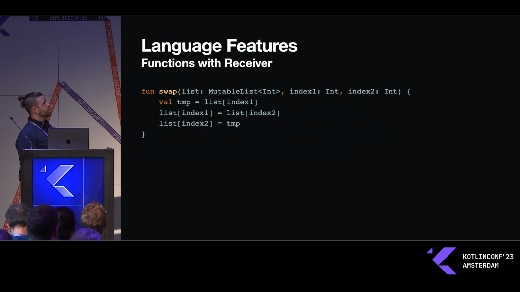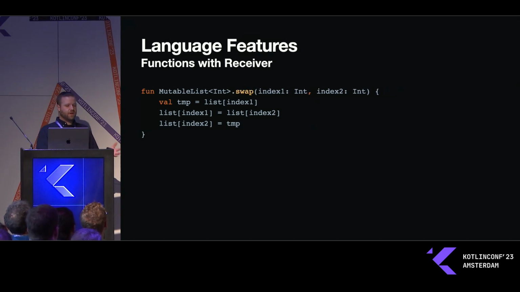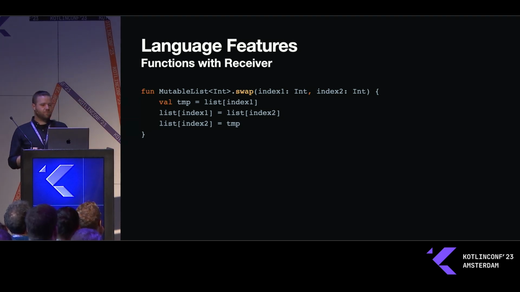So let's look at an example here. If we wanted to convert swap to an extension function, we would first need to take the list and move it to the left of the name, putting a dot in between the type and the name of the function. And now this has become an extension function of the mutable list int type.